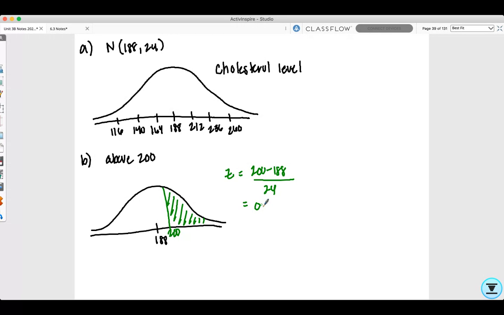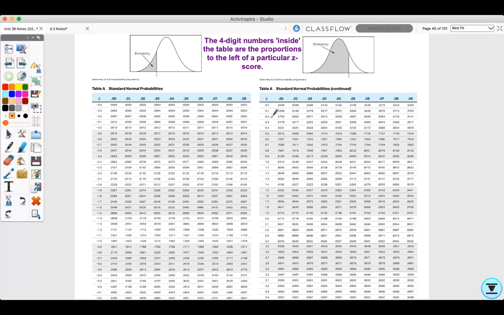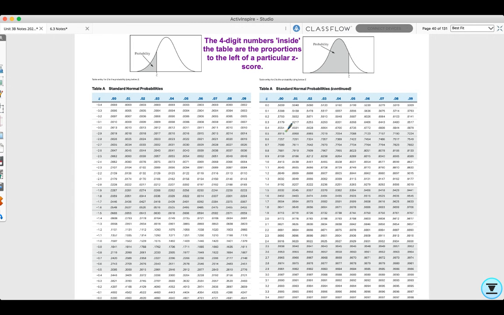I get 0.5. So the probability that X is greater than 200 would equal the probability that Z is greater than 0.5, which would be 1 minus, and I would have to go to the table. When I find 0.5 on here, I get 0.6554, or no, 0.6915.